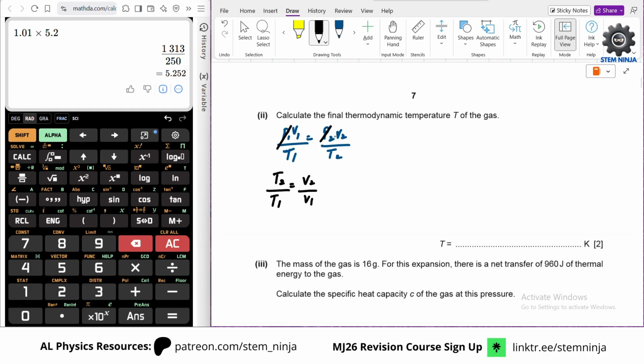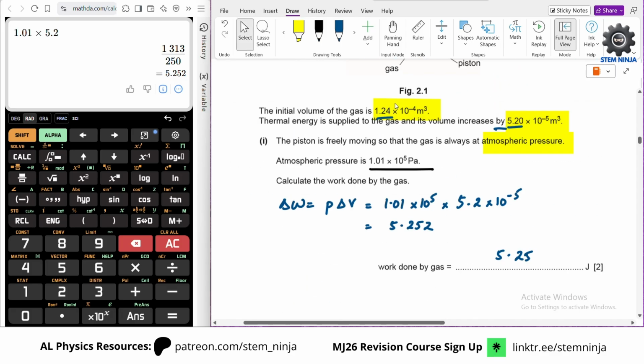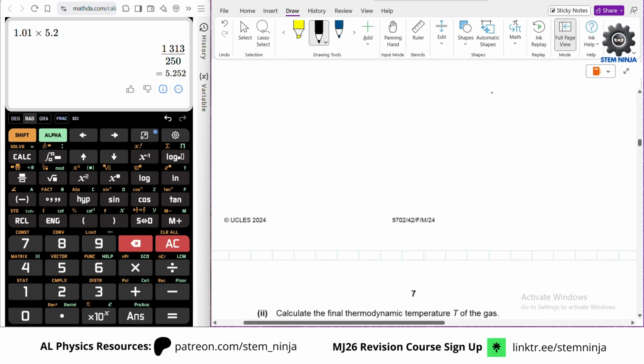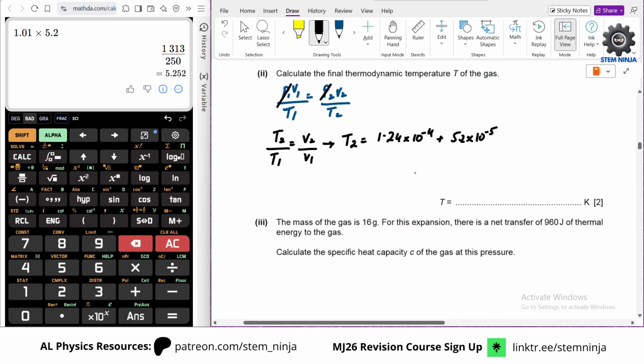Remember V2 is not the change, so it is the initial 1.24 × 10^-4, plus 5.2 × 10^-5, divided by the initial volume 1.24 × 10^-4.